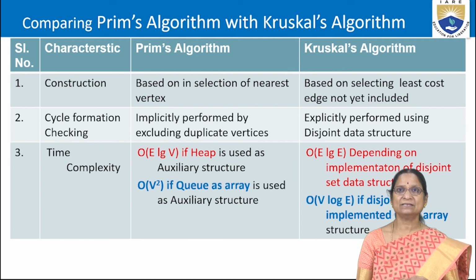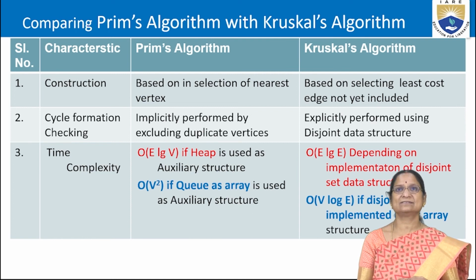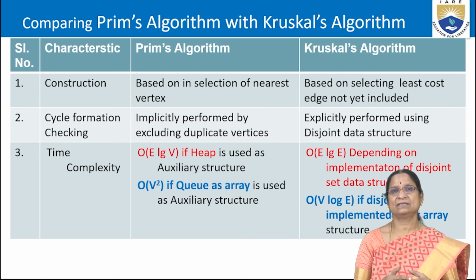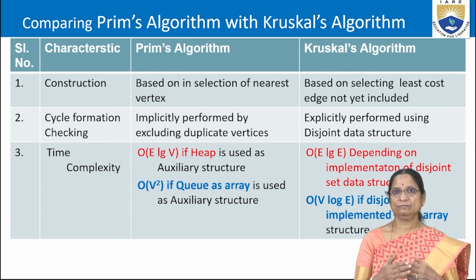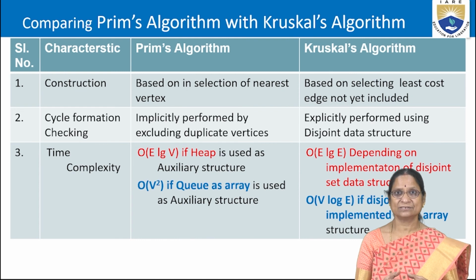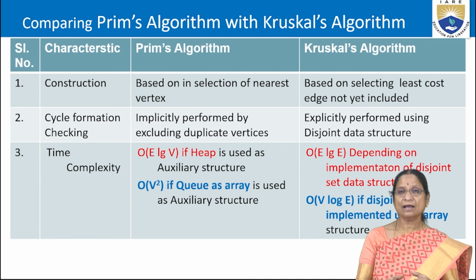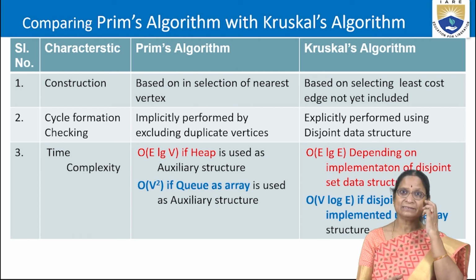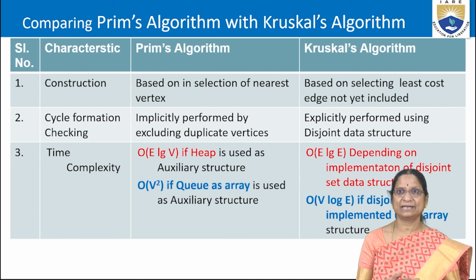So by comparing these two algorithms, Prim's and Kruskal's, based upon the characteristic construction process or selection rule: Prim's algorithm is constructed by selecting the nearest vertex.